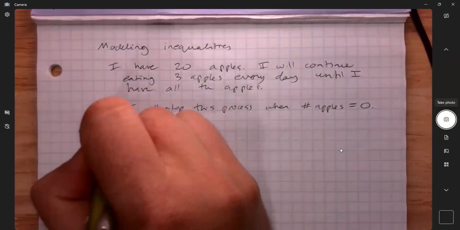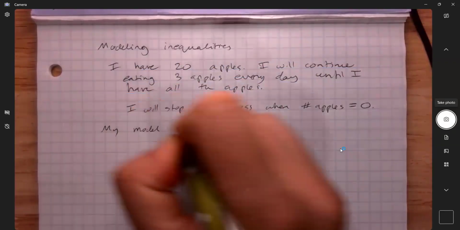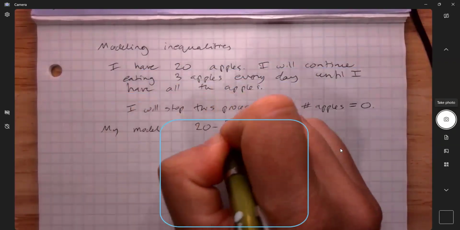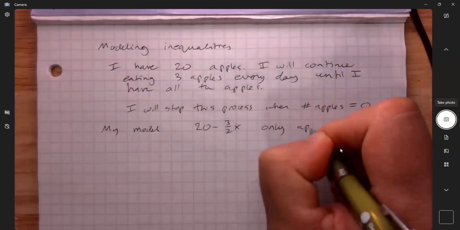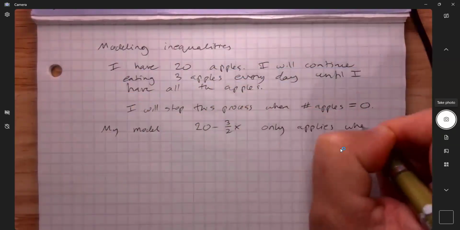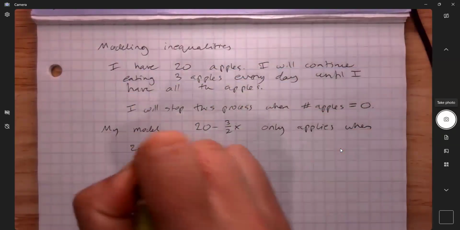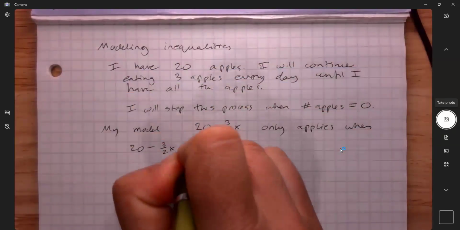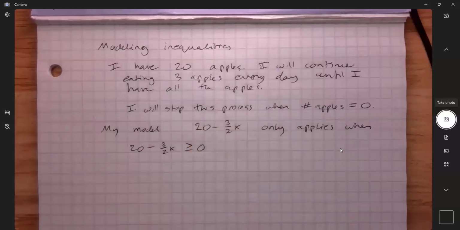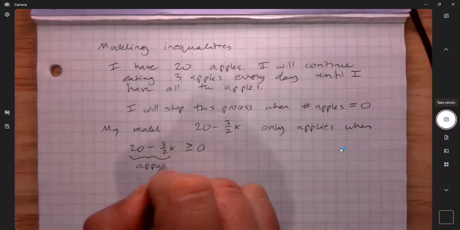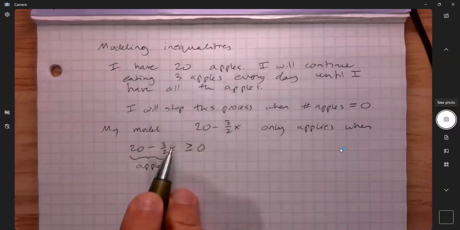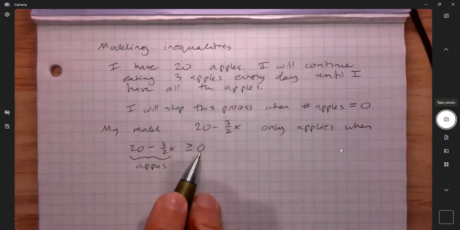So my model, 20 minus 3 halves x, only applies when 20 minus 3 halves x is greater than or equal to 0. 20 minus 3 halves x is the number of apples I have, and it's only going to work as long as I have more than 0 apples.